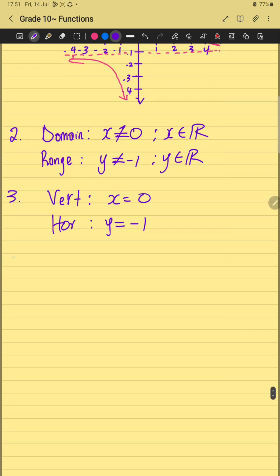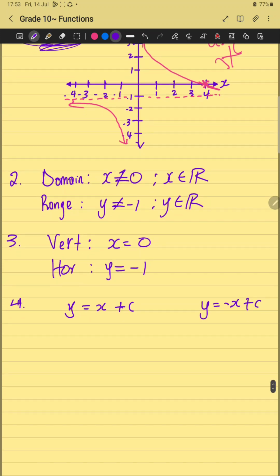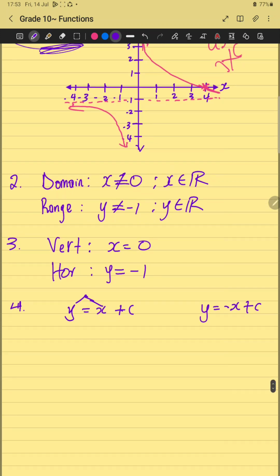Remember there are 2, so one with a positive gradient and one with a negative gradient. So y is equal to x plus c, and then y is equal to -x plus c. For us to determine the value of c, because there is that -1 which is the horizontal asymptote, in the place of x and y we're going to put the coordinates of the point of intersection of the asymptotes.